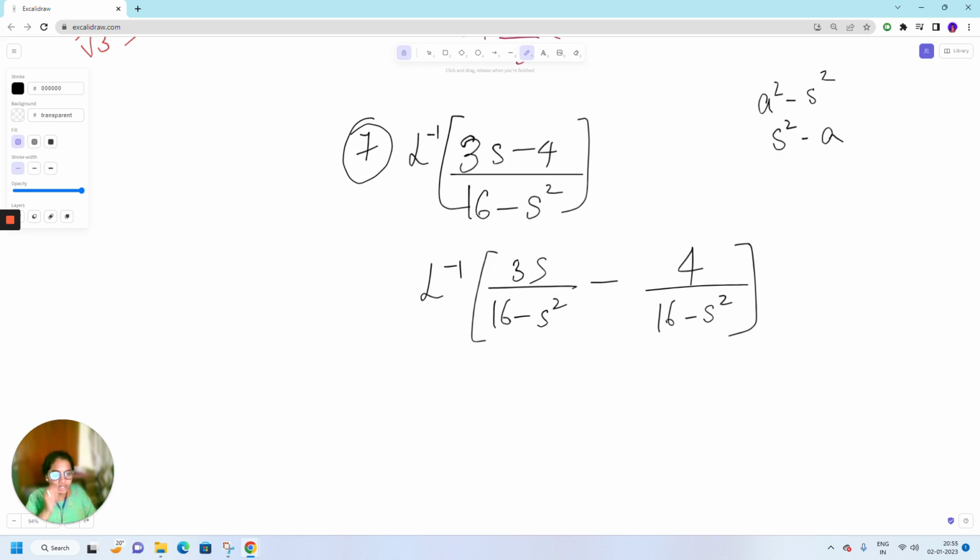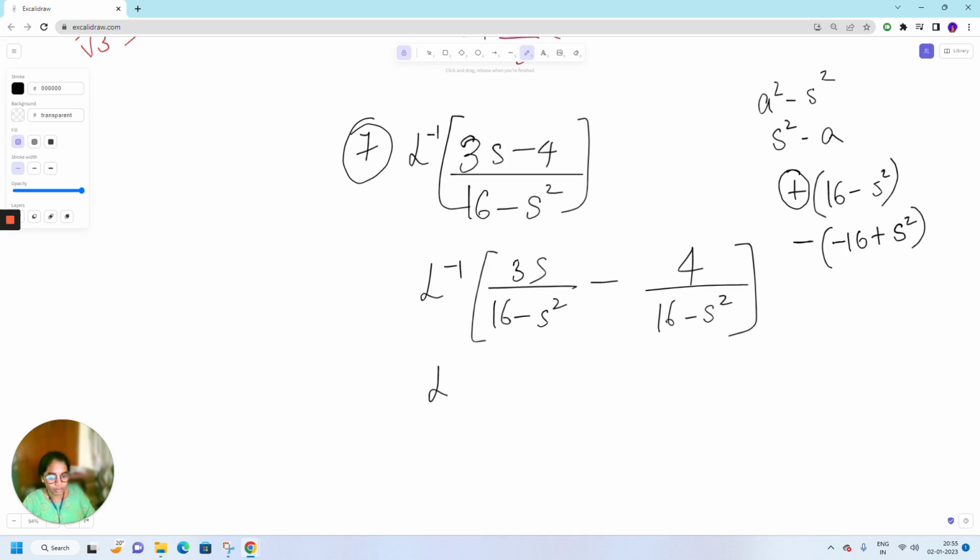Okay, I have 16 minus s square in the denominator. What is the sign change rule? If you change the sign outside the bracket, you would have to change the sign even inside the bracket. Means if I change this to negative outside, inside the bracket, plus 16 would become minus 16, and minus s square would become plus s square.